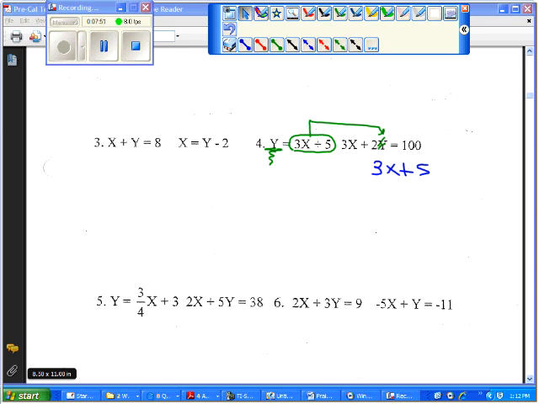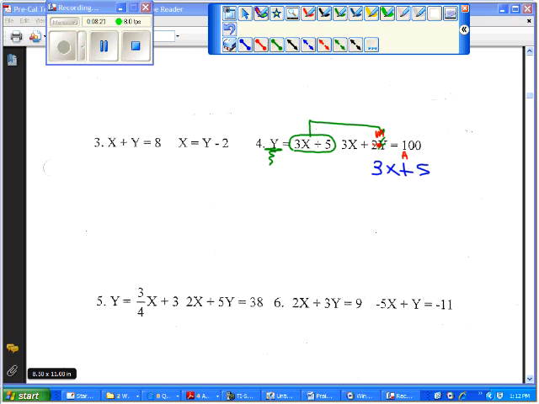I'm going to do this in color. The 2 that's crammed on that y means to multiply, right? Now what's going on? We've got a higher operation, multiplication, that's going to be happening to a lower operation, addition. When a higher hits a lower, you do what? What happens when a higher operation hits a lower operation? You put the lower operation in parentheses.